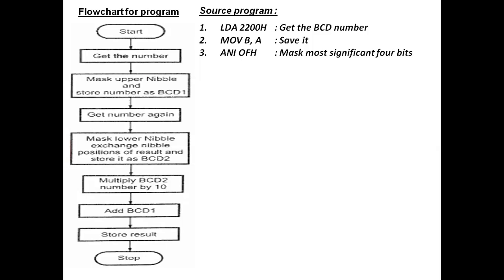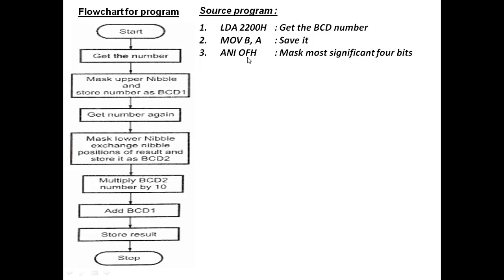The property of AND is that unless both the digits are 1, the result will be 0. If both digits are 1, then only the result will be 1. Otherwise, the result will be 0. So whatever the value of D7, D6, D5, and D4, it will be masked. It will be converted into 0.